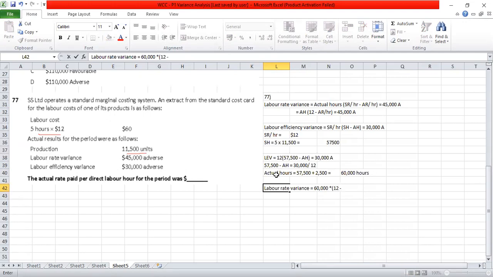Minus actual rate per hour is equal to 45,000. Solve and tell me how much is the actual rate per hour.